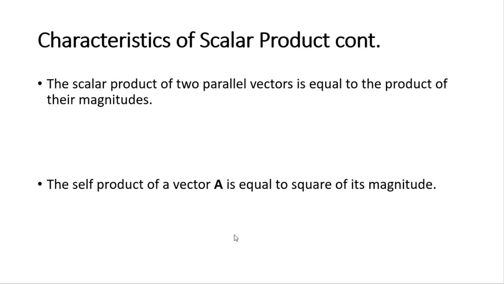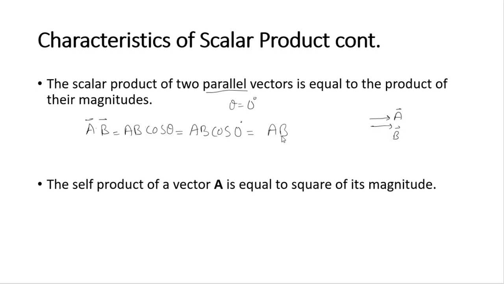The scalar product of two parallel vectors is equal to the product of their magnitudes. For example, if there are two vectors that are parallel to each other, this is vector A and this is vector B, and I can write them down as AB cosine theta. Parallel means the angle is 0 degrees. So AB cos 0 gives me AB, because cosine of 0 equals 1.